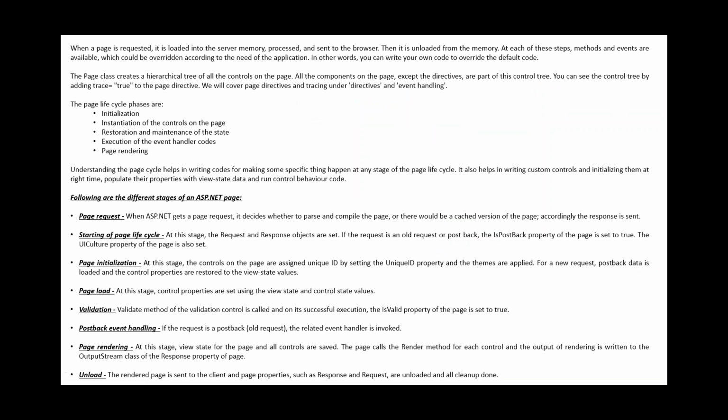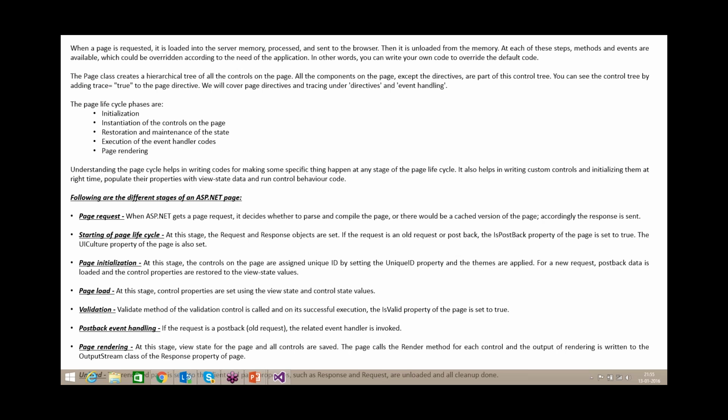The page lifecycle starts with initialization, instantiation of the controls on the page, restoration and maintenance of the state, execution of the event handler code, and page rendering. What page lifecycle means is how your web form loads to your browser.